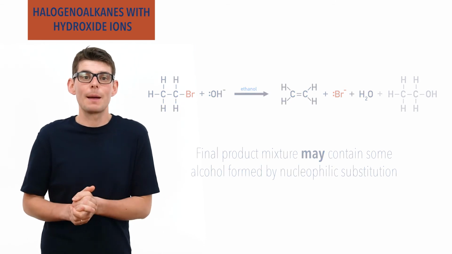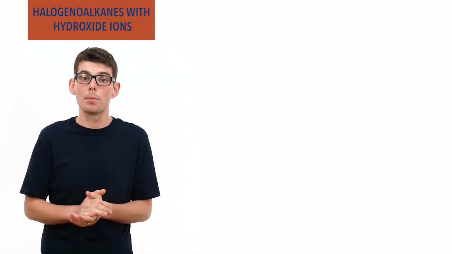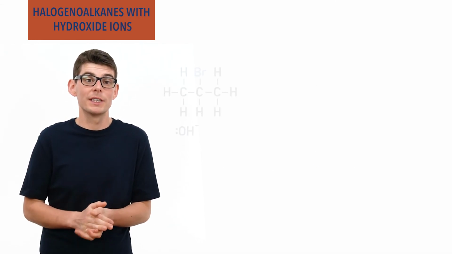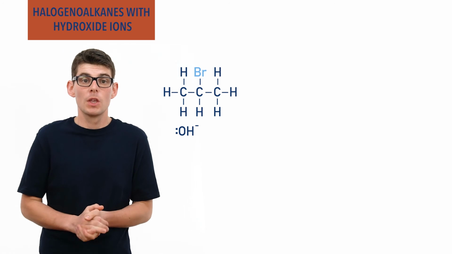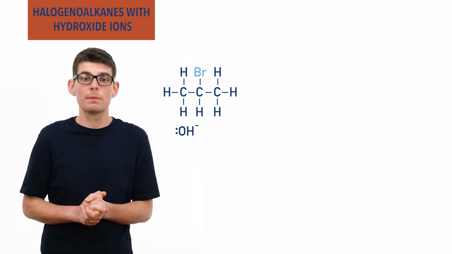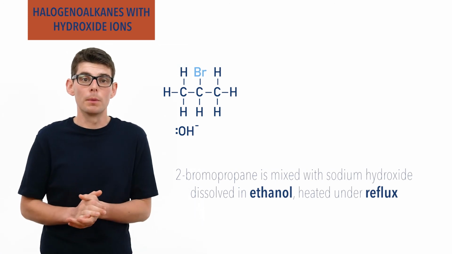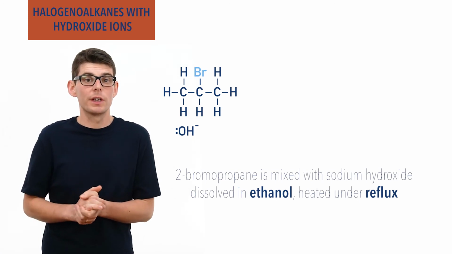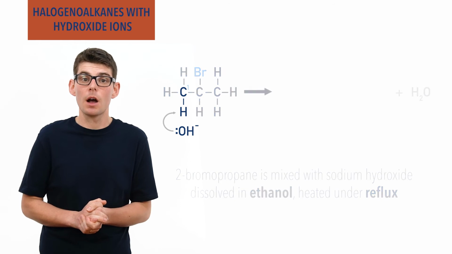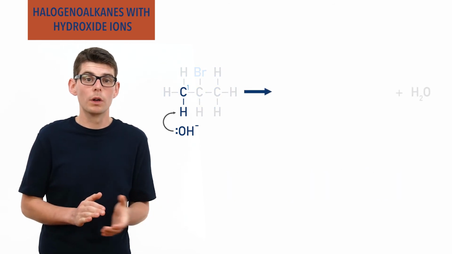Let's have a quick recap of this mechanism using 2-bromopropane and sodium hydroxide as an example. A concentrated solution of sodium hydroxide in ethanol is heated under reflux with 2-bromopropane. A hydroxide ion takes a H+ ion from a carbon-hydrogen bond on carbon 1.